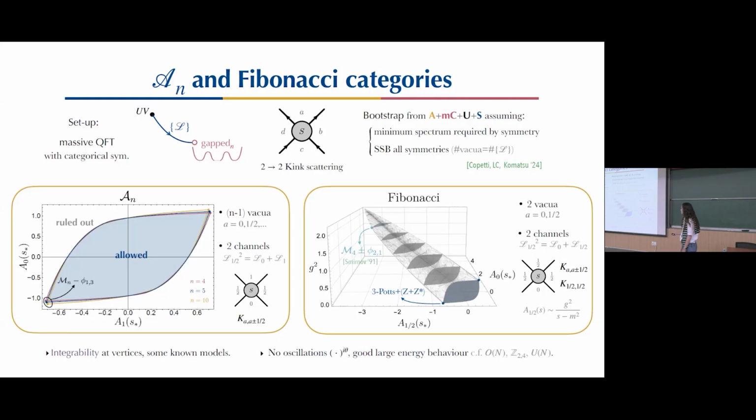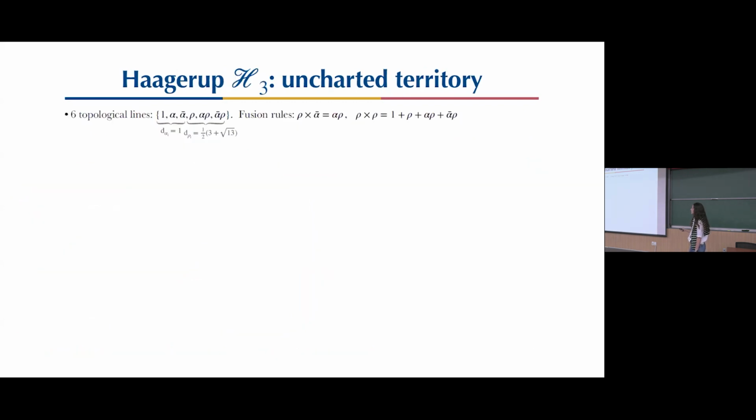And also comparing to the group-like bootstrap, what we see is that we don't have these sort of oscillations in energy, which is nice. And finally, I wanted to talk about some ongoing research in which I studied this more exotic category called Haagerup.